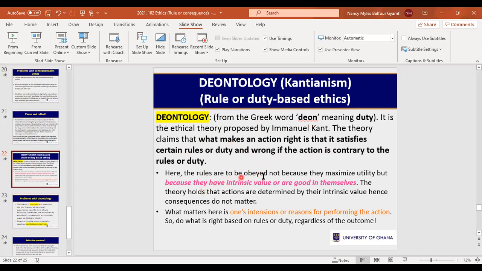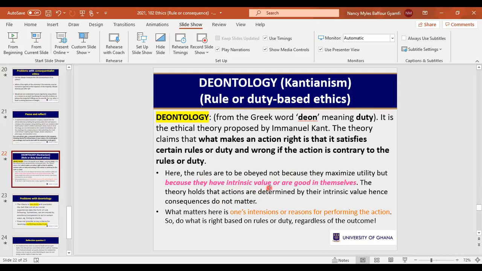Here, the rules are to be obeyed not because they maximize utility, not because of consequences, usefulness, egocentrism, altruism, not because of whatever they produce, not at all, but because they have intrinsic value, or those acts are good in themselves.